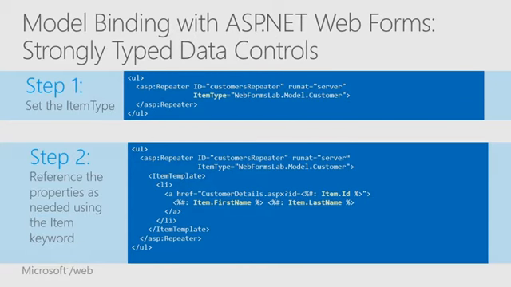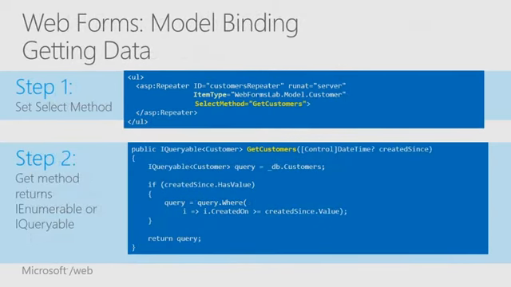You have a data binding expression, and you say Eval and then quote first name, you misspell first, whole thing falls apart. You rename it, and you look at that page, and you have no way of knowing what's wrong. Right. So with this, any data-aware control, you'll set an item type to something like Customer, and then in the page you can do Item.FirstName, LastName. You get IntelliSense, you get type checking, and you get that compilation error. You get the little red squiggly if it's not correct.